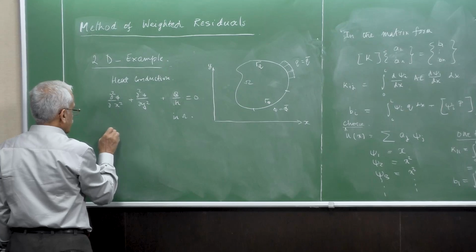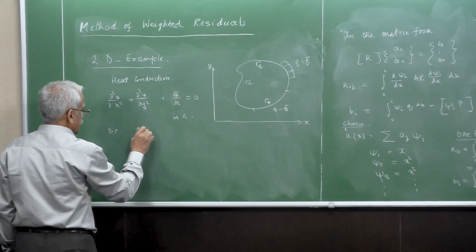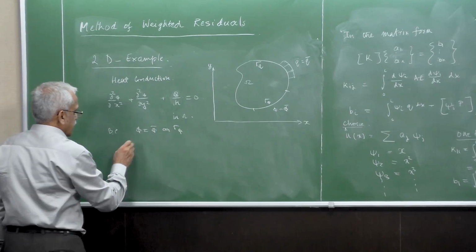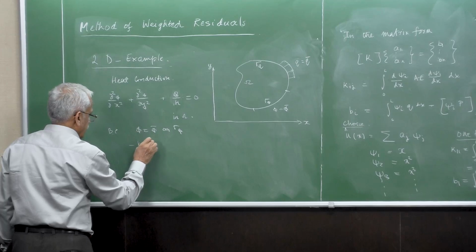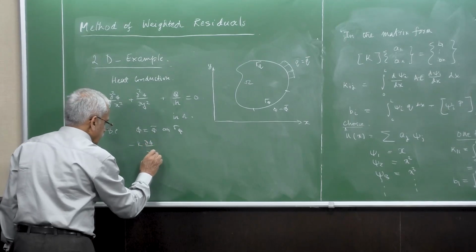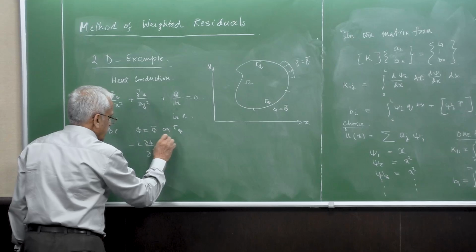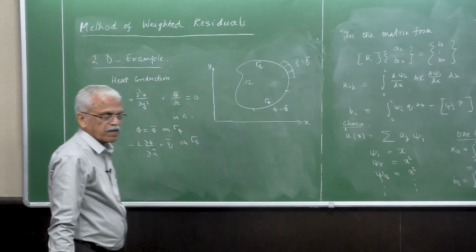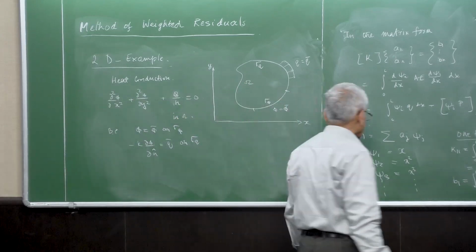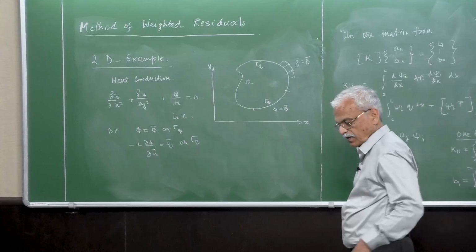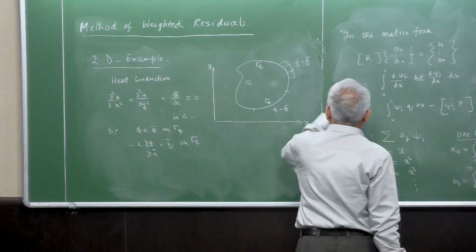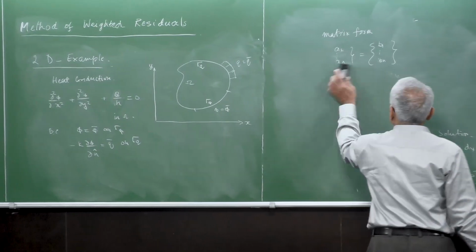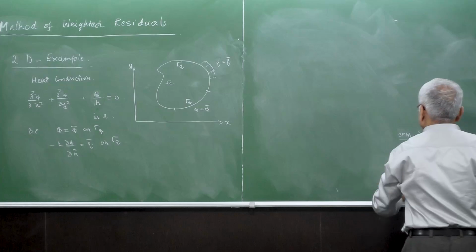And the boundary conditions are phi is equal to phi bar on gamma phi and minus k dou phi by dou n is equal to q bar on the heat flux boundary. Okay, so this is the problem as stated here, and let us write down the weighted residual statement, which includes the boundary term also.